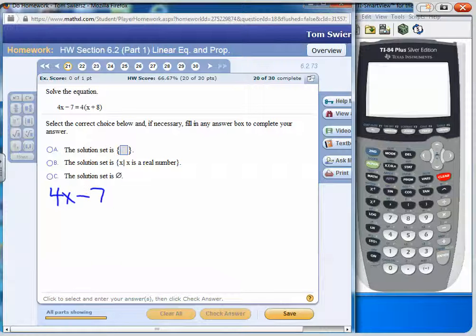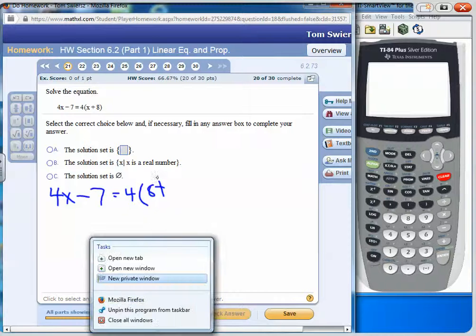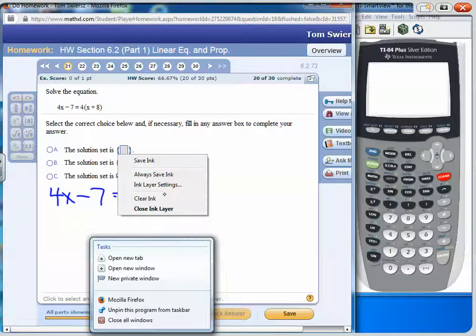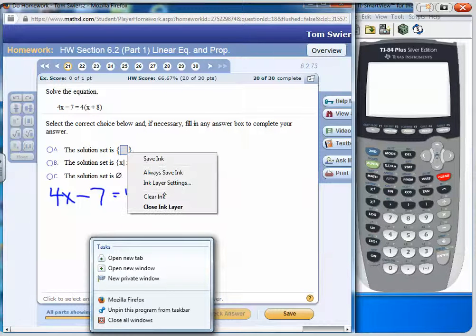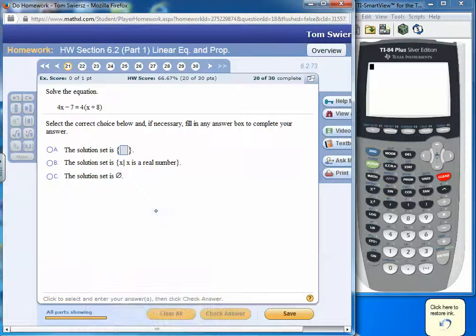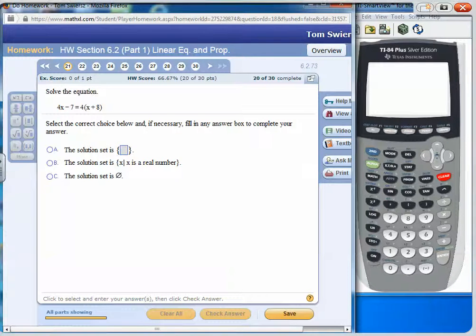We have 4x minus 7 equals 4 times x plus 8.